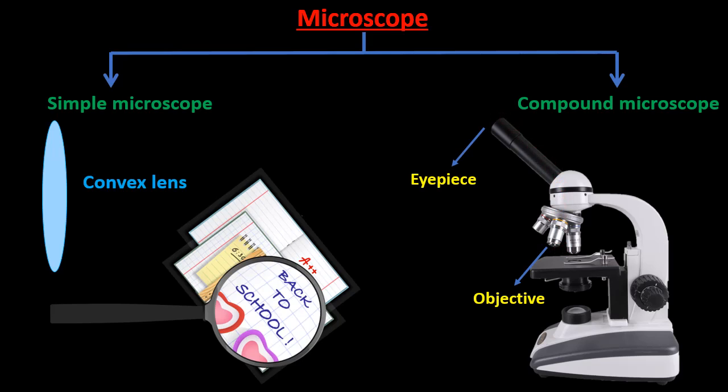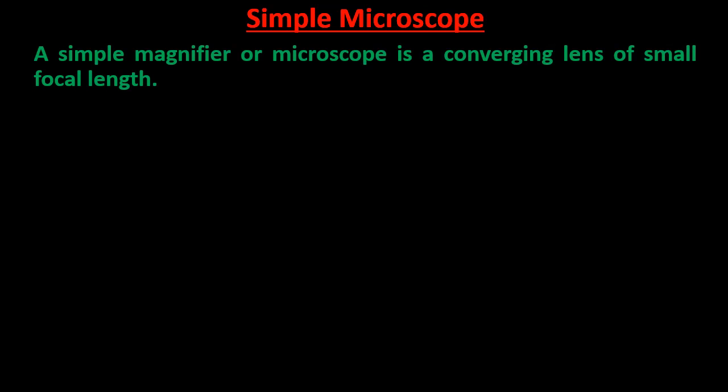Now let us learn about how the simple microscope and compound microscope work. As I have already told you, convex lens is used as a simple microscope and it should have small focal length. Now let us understand how the image is formed by a convex lens.